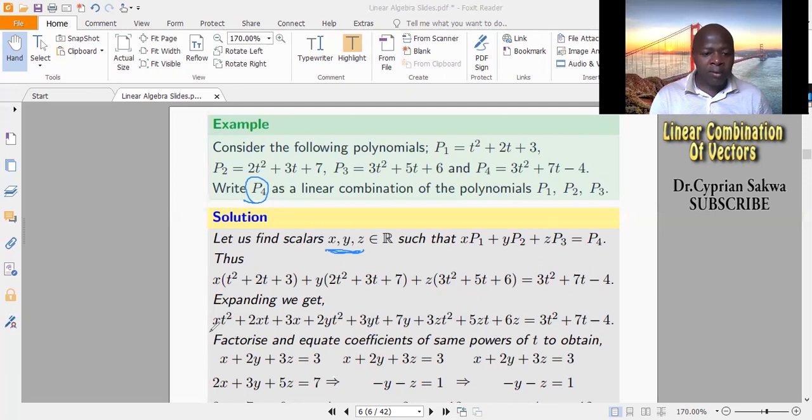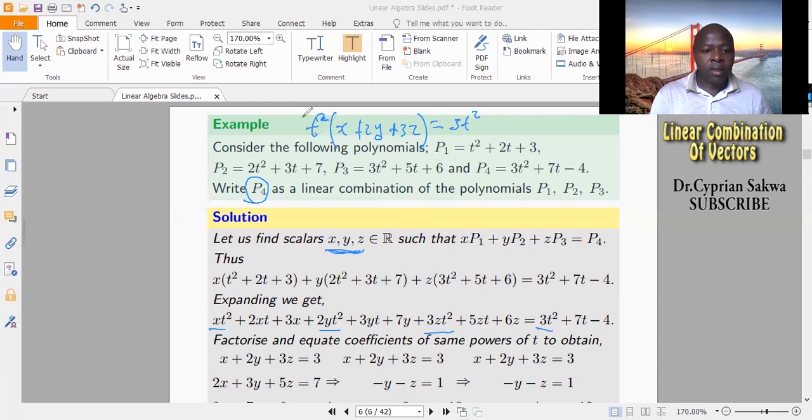So since t squared is common, I would put it outside, and inside I would have x, and then this other one is 2y, and this other one is 3z, close the bracket, equals, on our right side I have 3t squared.